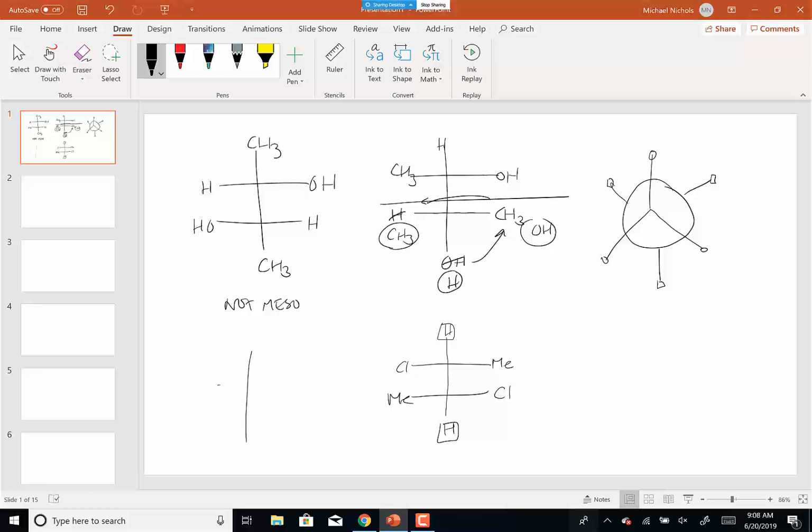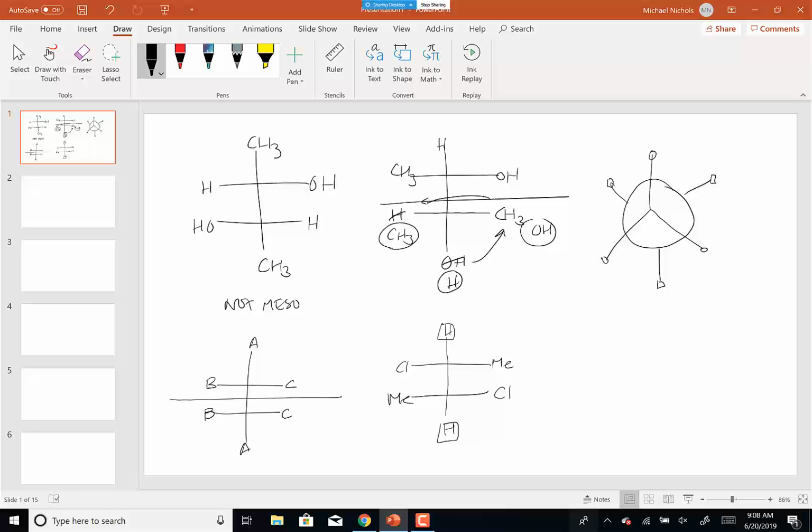Remember, for a Fischer projection to be meso, it has to look like this. We have to line up the two vertical positions, and then we've got to try and line the left and right positions so that we can see the mirror plane that cuts through the center of the molecule.